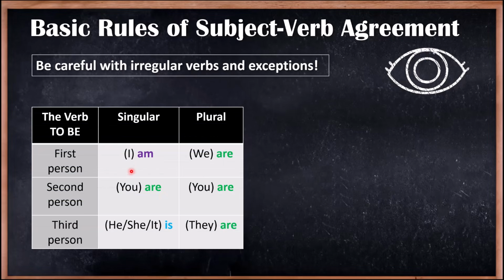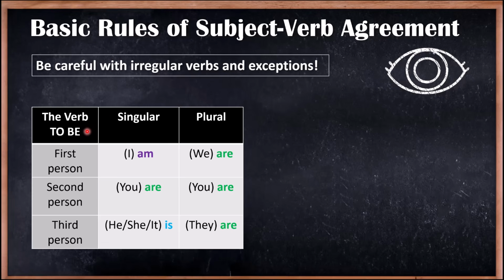With the verb to be, in the present tense, we always say I am, not I are or I is. Always I am. We are. You are. He, she, or it is, and they are.